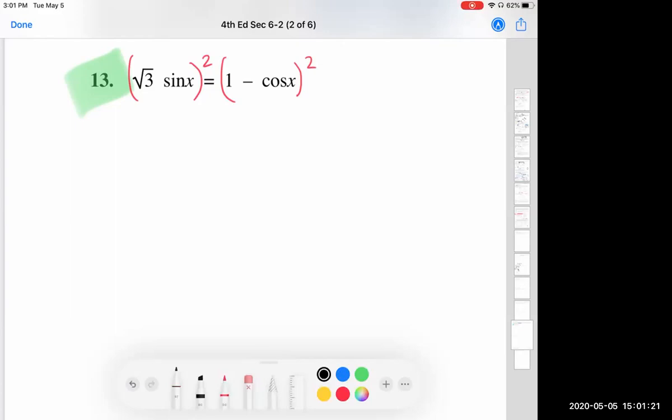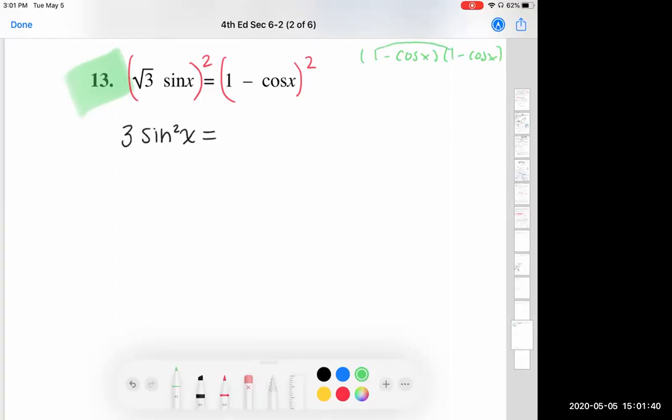Square root of 3 times square root of 3 gives me 3. Sine squared x is equal to, now I'll do the work on the side. This is 1 minus cosine of x times 1 minus cosine of x. We have to multiply them together.